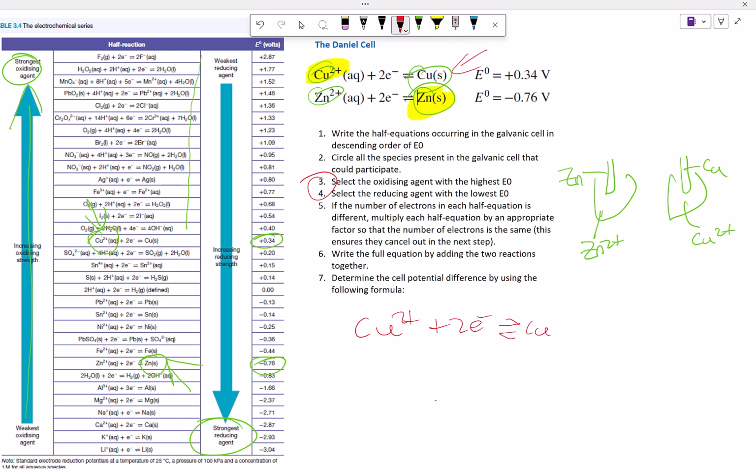Whereas zinc would be going in the opposite way, going Zn to Zn2+ plus 2 electrons. I can cancel those out from each side.